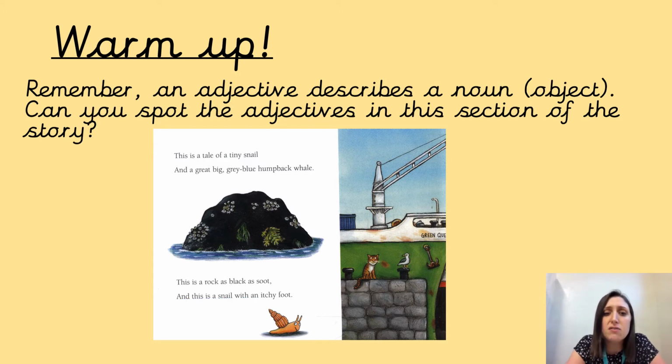And then this is a rock as black as soot. Something's describing the rock. And this is a snail with an itchy foot. There is a word there that's describing the foot. So pause the video here, find the adjectives and write those ones down. Then when you're ready, unpause me and we'll move on to the next section.